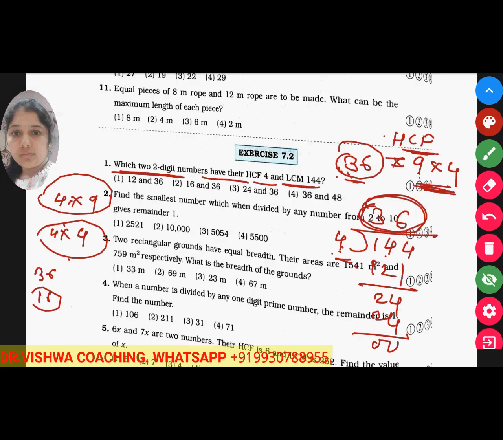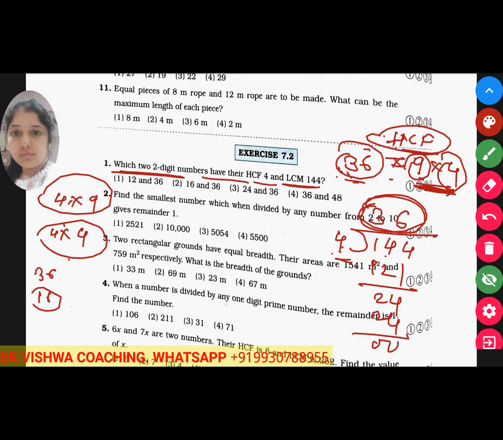Like this the method is there. 9 and 4 are the factors of the given two numbers. Now you have to find the two numbers, so you multiply with HCF. HCF is 4, so we multiply with HCF to get the numbers.